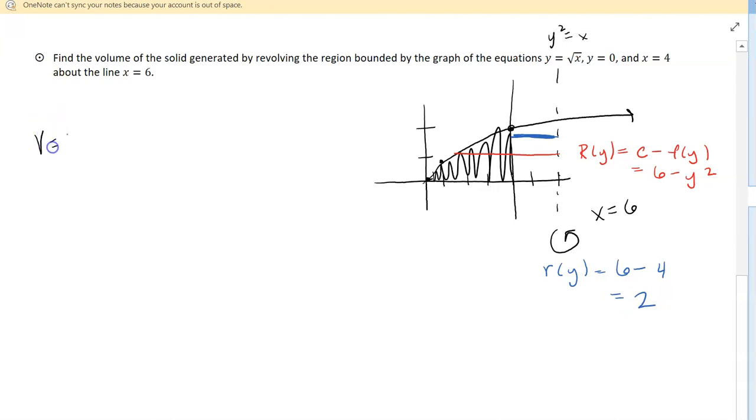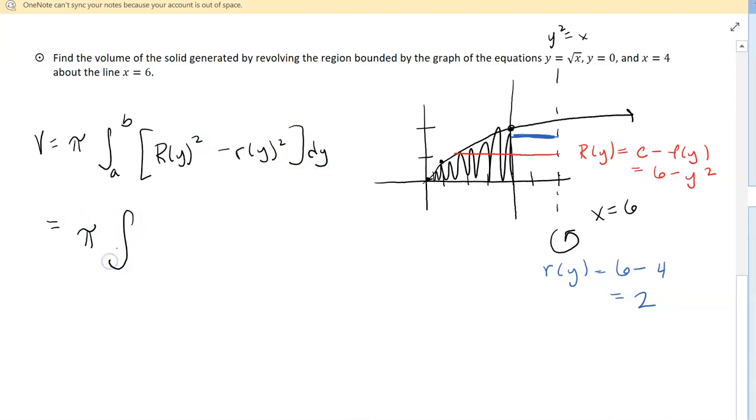So the volume, which is pi times the integral from a to b of R of y squared minus little r of y squared dy, will be pi times the integral from, our shape goes from 0 to 4, of 6 minus y squared, squared, minus 2 squared dy.